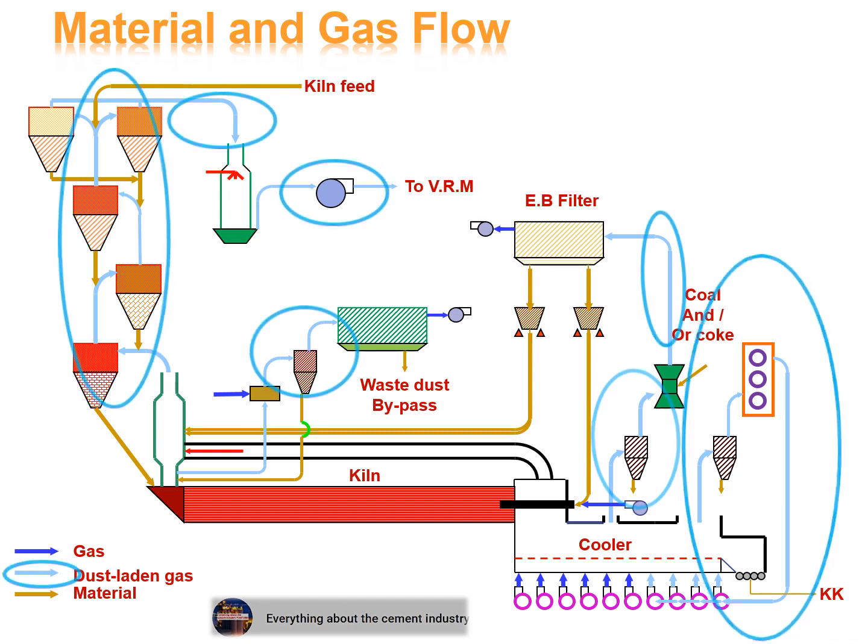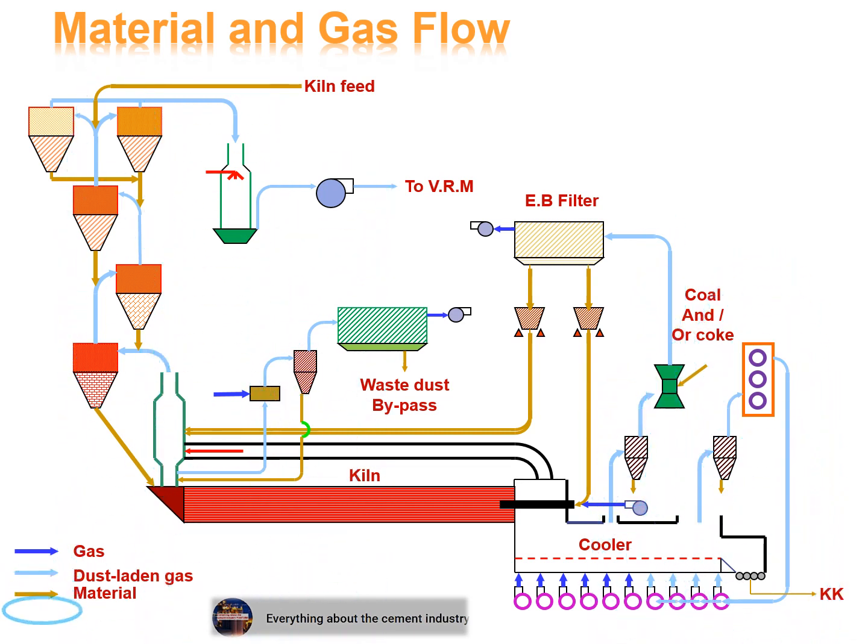Dust-laden gas exhausts through the cooler filter fan. 3. Material. Watch the path of material: the descent begins from the top of the preheater through the cyclones, and during this descent the material mixes with the hot gases that come out of the rotary kiln.